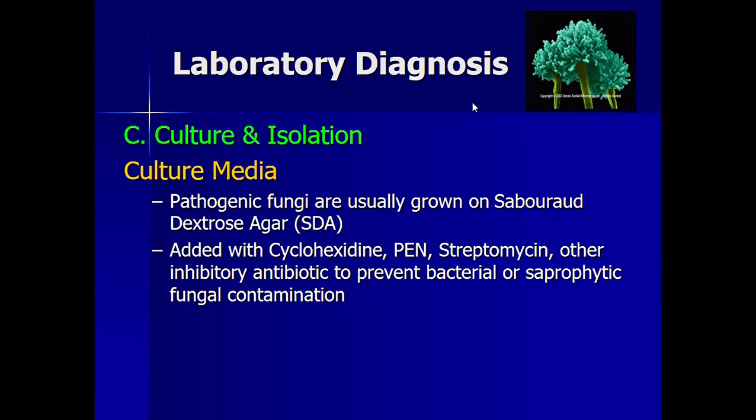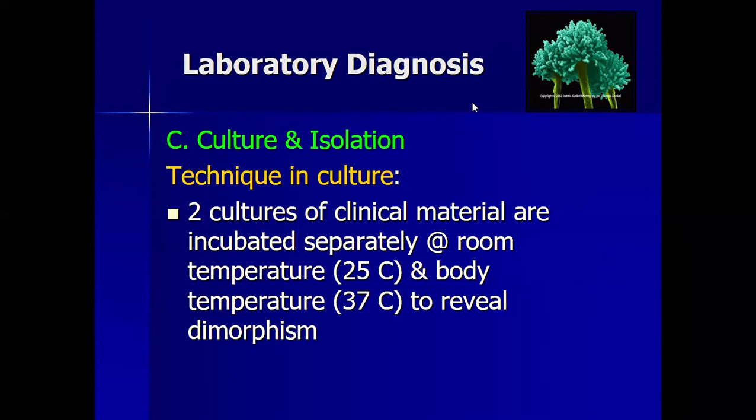This is to make it more specific, because for example you can add cycloheximide, penicillin, streptomycin, or other inhibitory antibiotics to prevent contamination by bacterial or saprophytic fungal organisms. So to make the Sabouraud dextrose agar specific for isolation, it has added inhibitors. Like for example, your penicillin. What is the purpose of incorporating penicillin in SDA? This is for the purpose of inhibiting the gram-positive organisms. Okay?